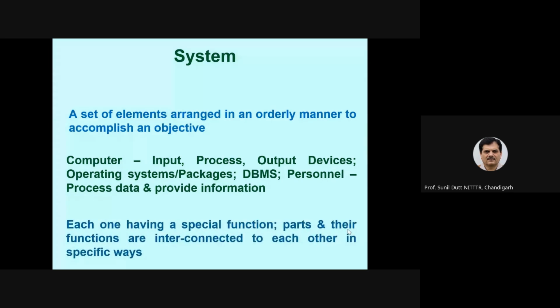And each one has a special function. Say the mouse, the keyboard, the processor, the printer output. So it has various parts and their functions are interconnected to each other in specific ways.